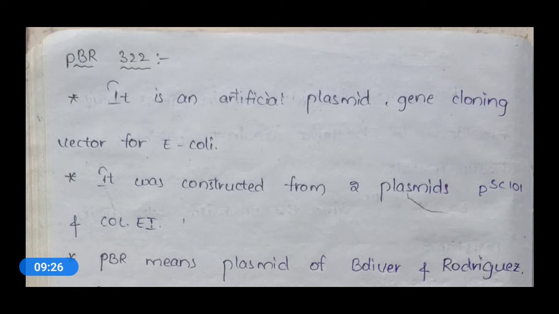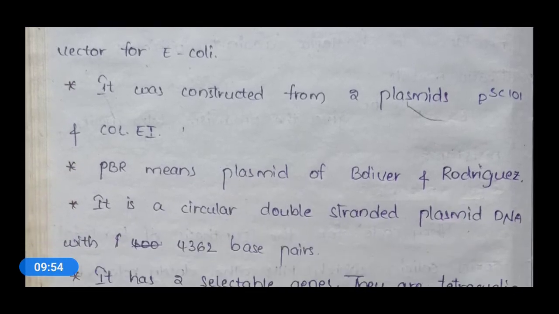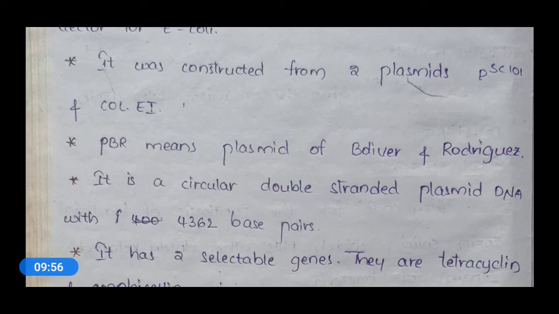To transfer a gene to an E. coli cell, this particular PBR322 is used, and it is made up of two plasmids, that is pSC101 and ColE1. So by using these two plasmids, this is developed, and PBR means plasmid of Bolivar and Rodriguez. These are the scientists who developed this PBR322 with the help of pSC101 and ColE1.